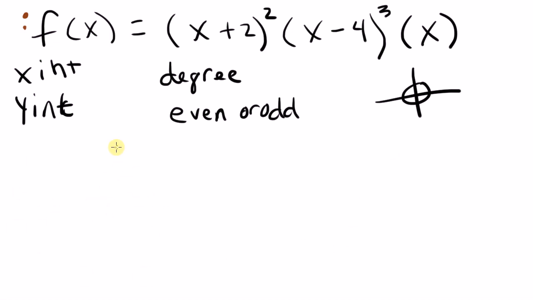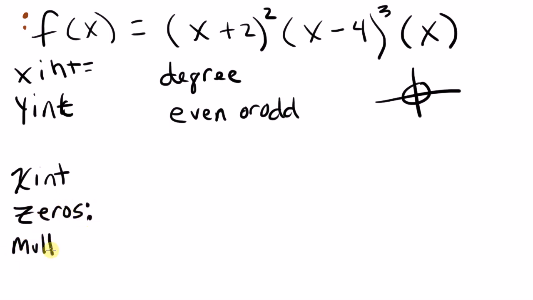I'm going to introduce a new term here. So for our x-intercepts, we have zeros, and I'm going to introduce something called multiplicity. And we'll talk about that in a minute.